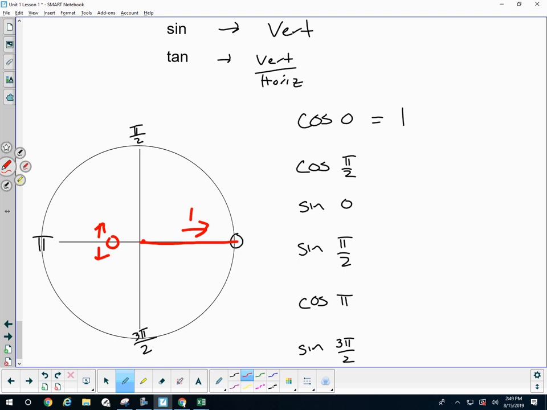Distance is 1. That's why the cosine of 0 is 1. However, if I ask you what's the cosine of pi over 2? Well, thinking about it the same way, if I go to this location of pi over 2 on the unit circle from the origin, I do not go left or right at all, but I do go up.